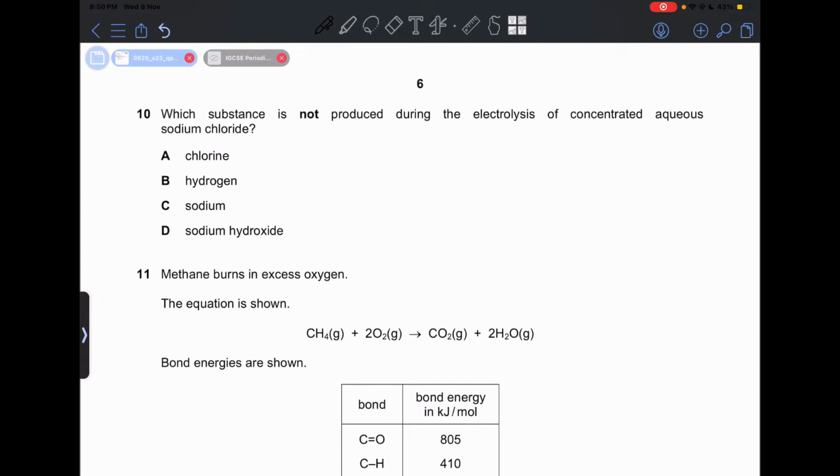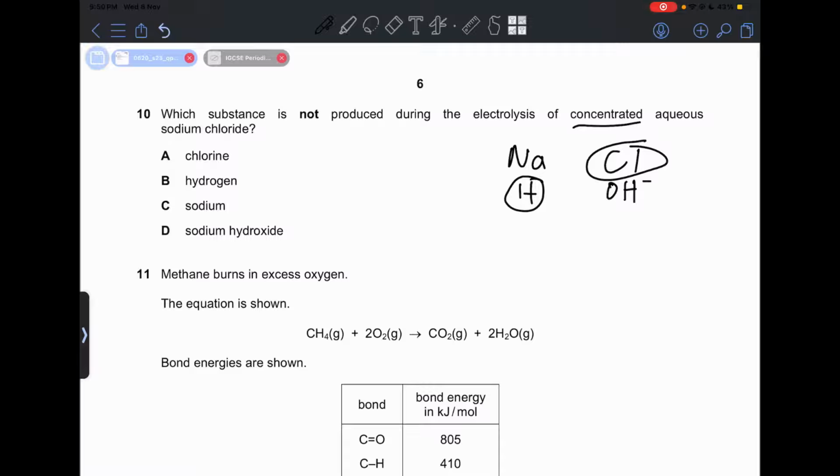Number 10, which substance is not produced during the electrolysis of concentrated aqueous sodium chloride? So over here we know that this is concentrated, so we have sodium over here and chloride, and we also have the hydrogen and the hydroxide. So I will not be doing the equations because it is not needed. So over here we know that the hydrogen will be produced because this is the less reactive, and over here the chlorine will be produced because it is the higher quantity.